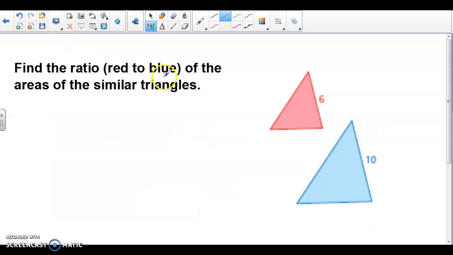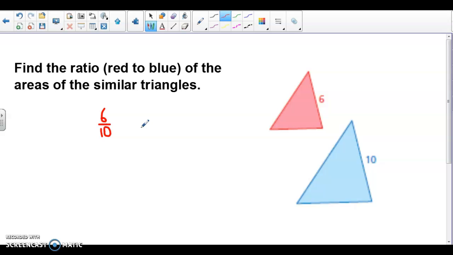So it says find the ratio, red to blue, of the areas of the similar triangles. So red is in the numerator, blue is in the denominator. So you have 6 over 10. Now one thing I would suggest first is check to see if you could simplify the fraction before you square it. Because you can square it now, of course, but your number is going to be bigger.